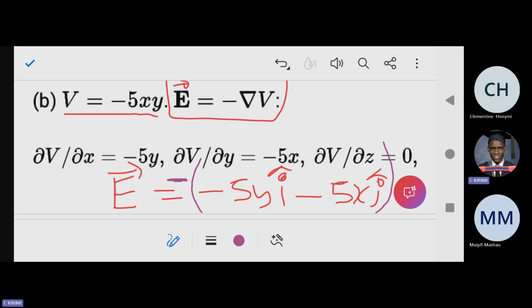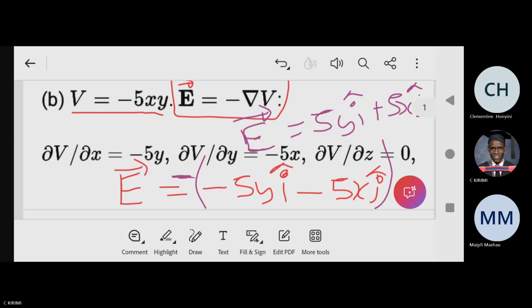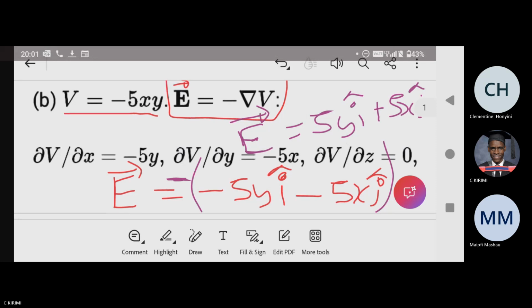So the final E, after I put the negative, the correct one will be E equals positive 5y in the i direction plus 5x in the j direction, after you've introduced the negative. Any question? Is it fine?